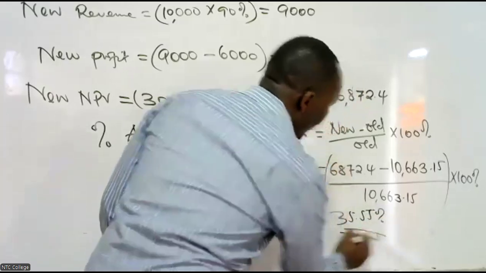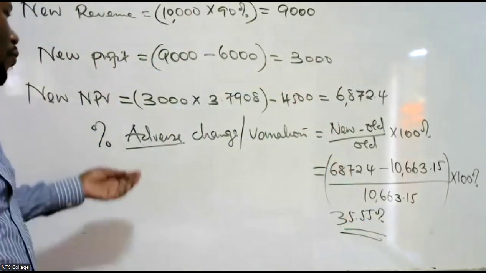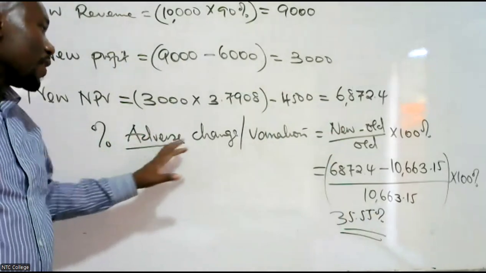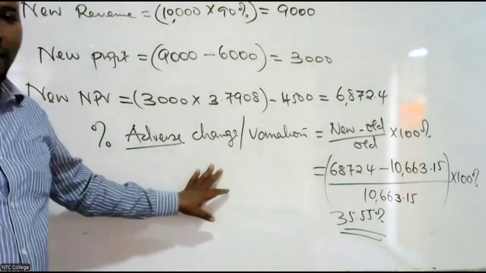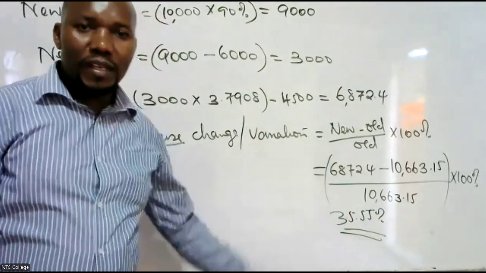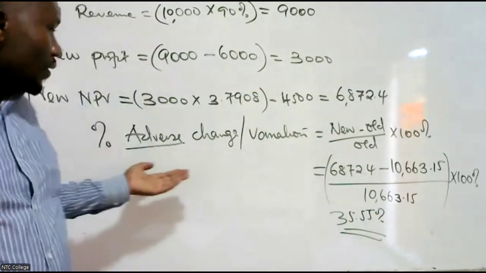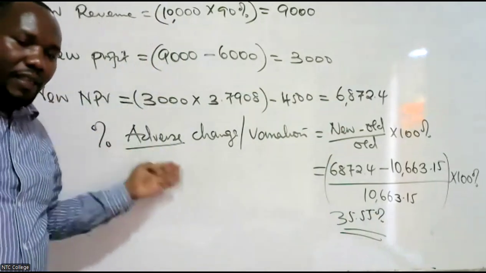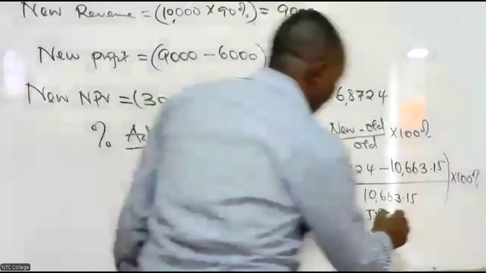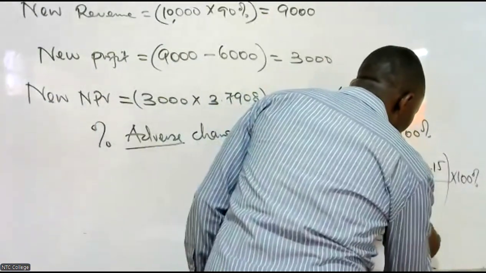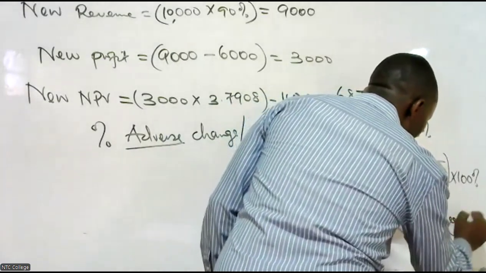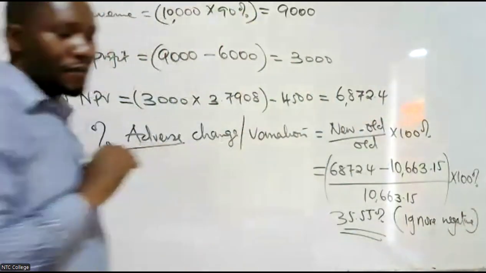We are saying ignore the negative sign because above you have mentioned that it is an adverse change. Kama umesema tu percentage change, then you can say adverse or put the negative sign. But once umesema hapa, ignore that. Adverse means that it is negative.